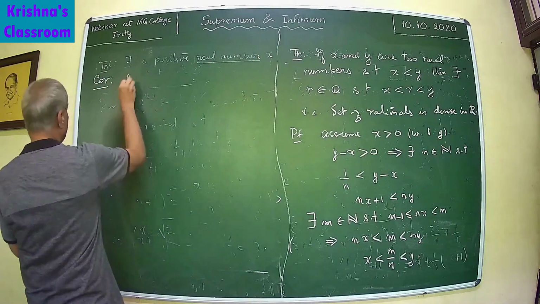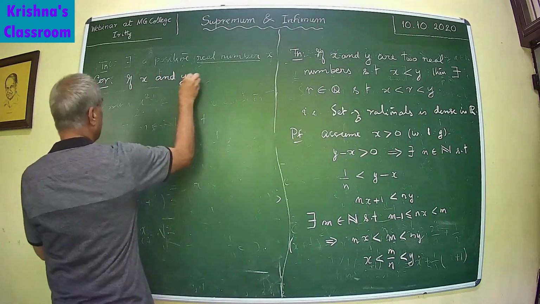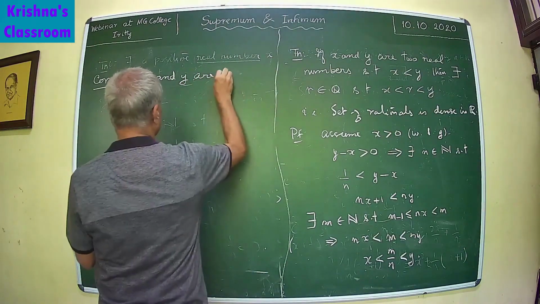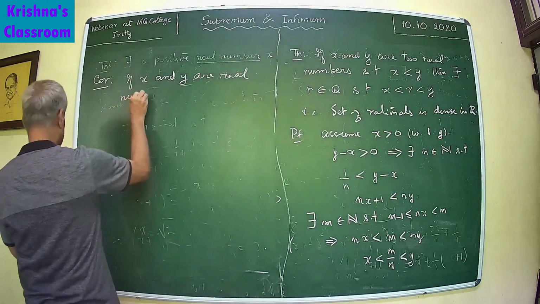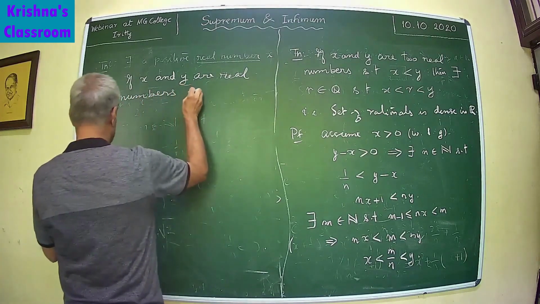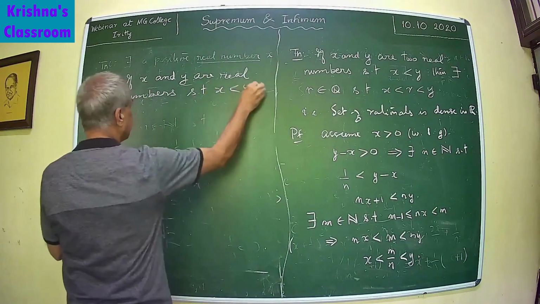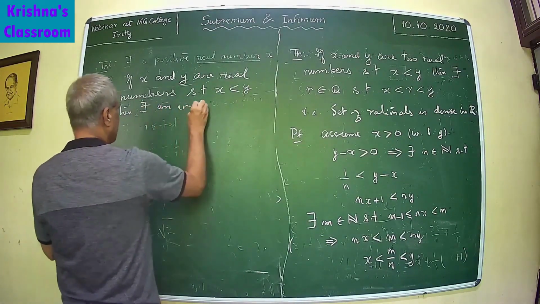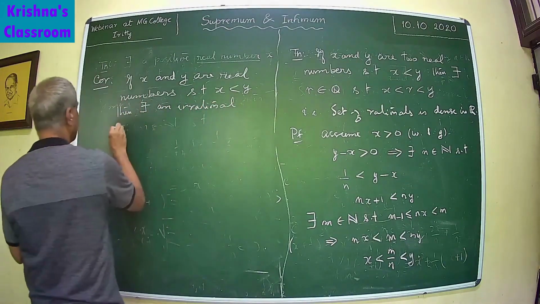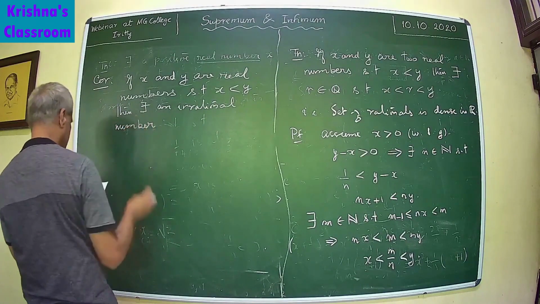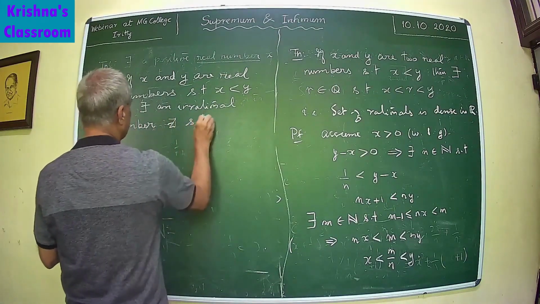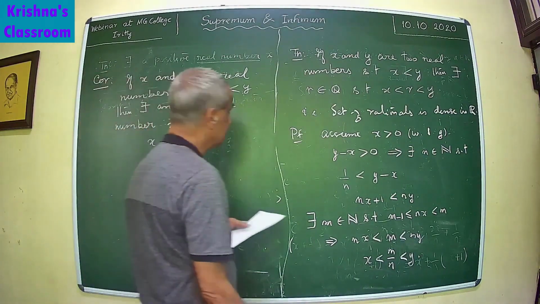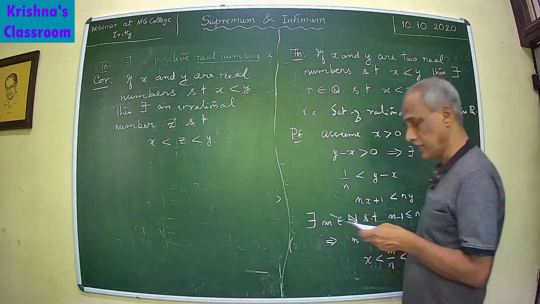Corollary: if x and y are real numbers such that x less than y, then there exists an irrational number z such that x is less than z less than y. So we prove this.